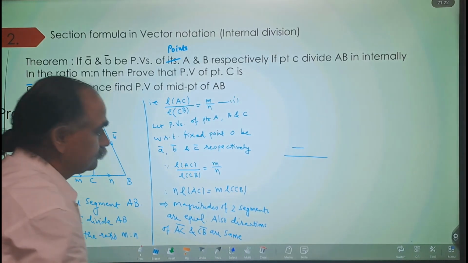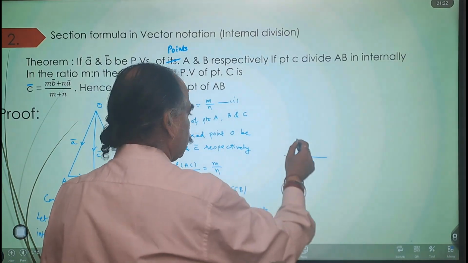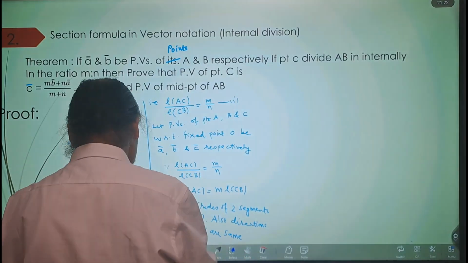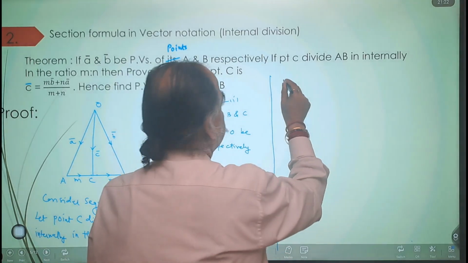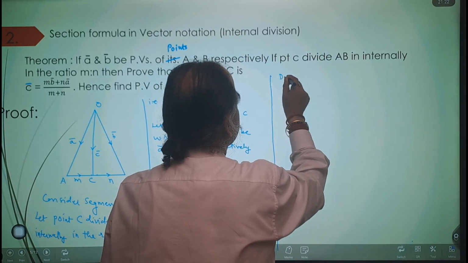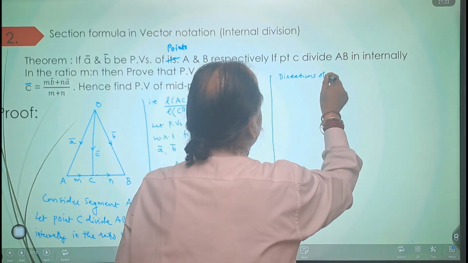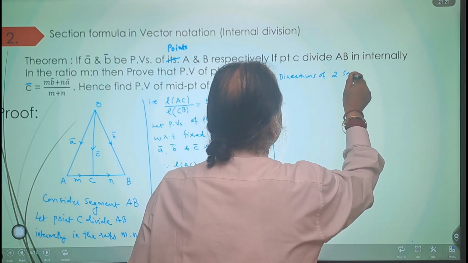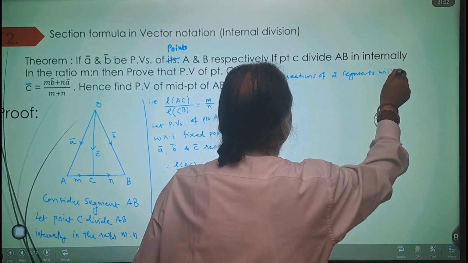Therefore, directions of the two segments will also be same.